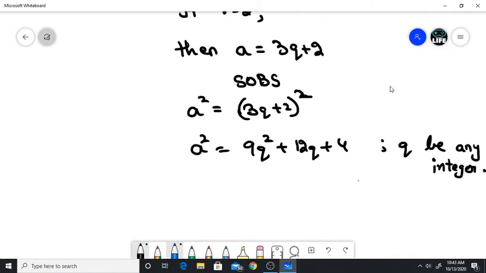I made a mistake. A square equals to 9q square plus 12q plus, write 4 as 3 plus 1.